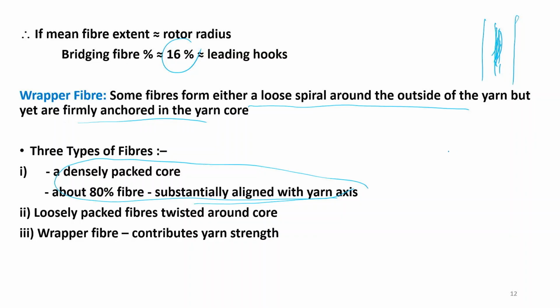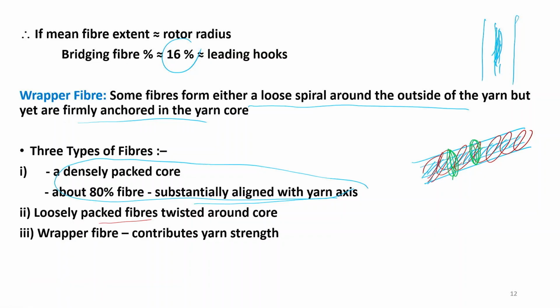And due to this wrapper fiber, in the first core layer there will be densely packed fibers, and then loosely packed fibers are there, and over that there will be wrapper fiber.